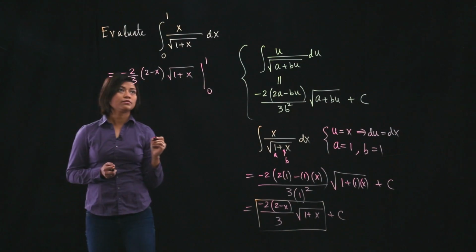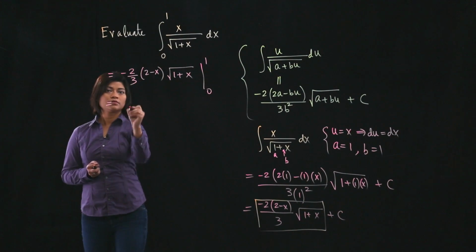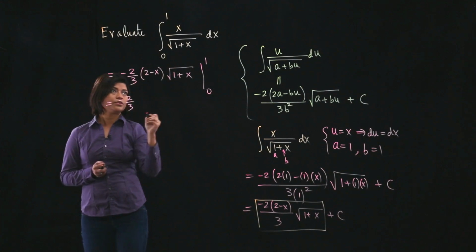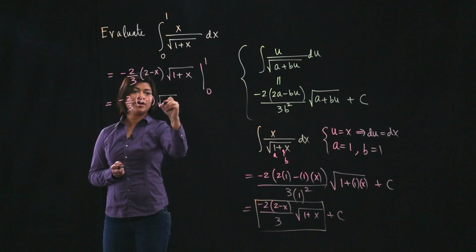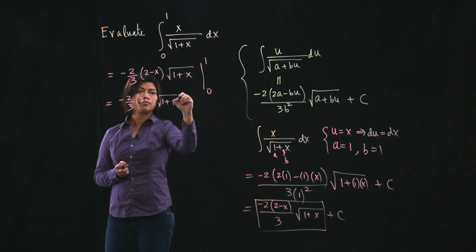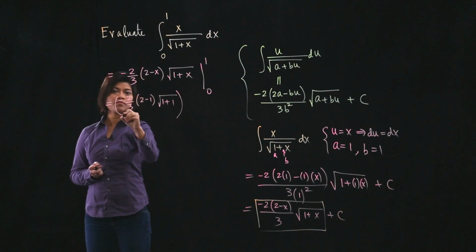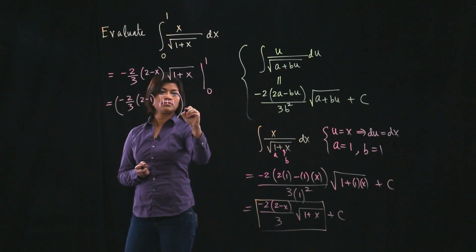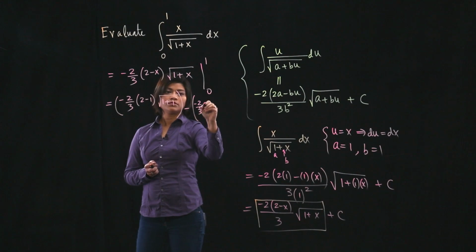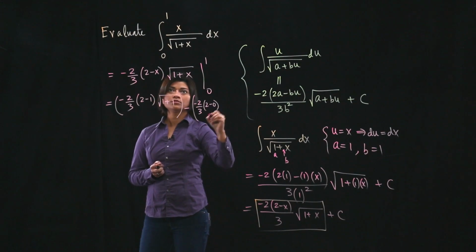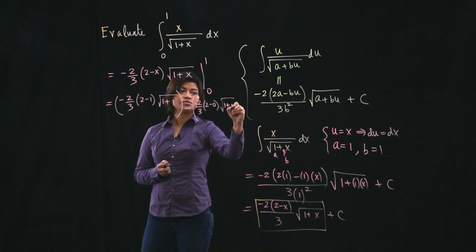And we plug in 1 and 0, right? When you plug in 1, you get 2 minus 1 times the square root of 1 plus 1, minus, when you plug in 0, you get 2 minus 0 times the square root of 1 plus 0.